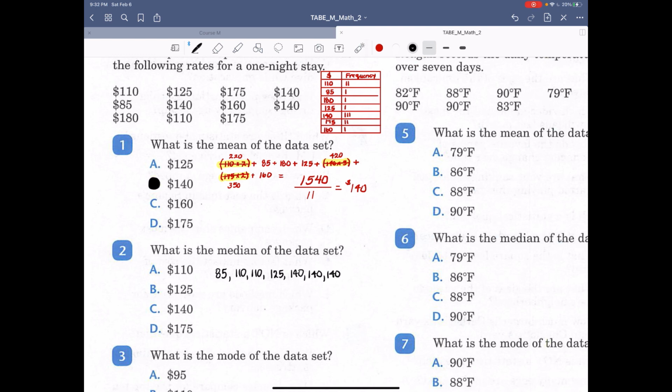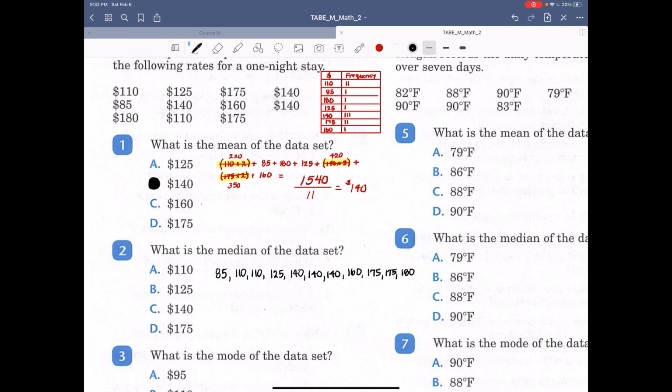You got to list it. 160, there was 1 of those. 175 was in there twice, and 180 was in there once. Count these and make sure you have 11. 1, 2, 3, 4, 5, 6, 7, 8, 9, 10, 11. You don't want to miss any of them.